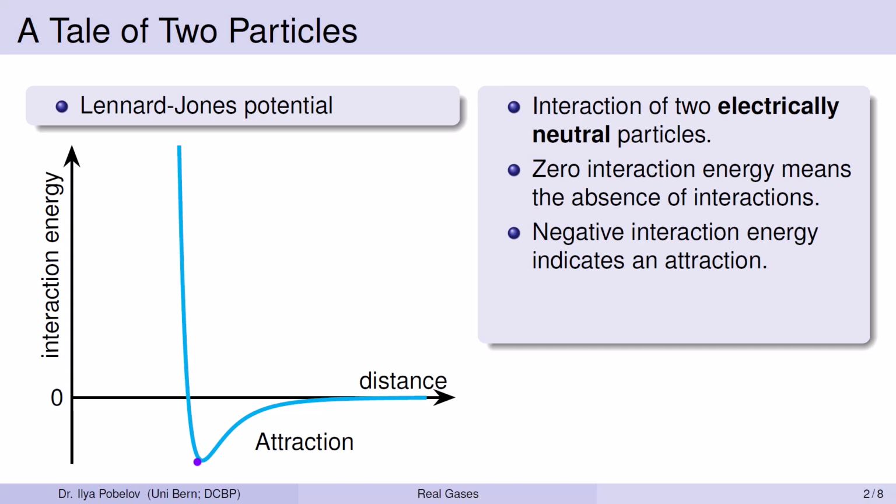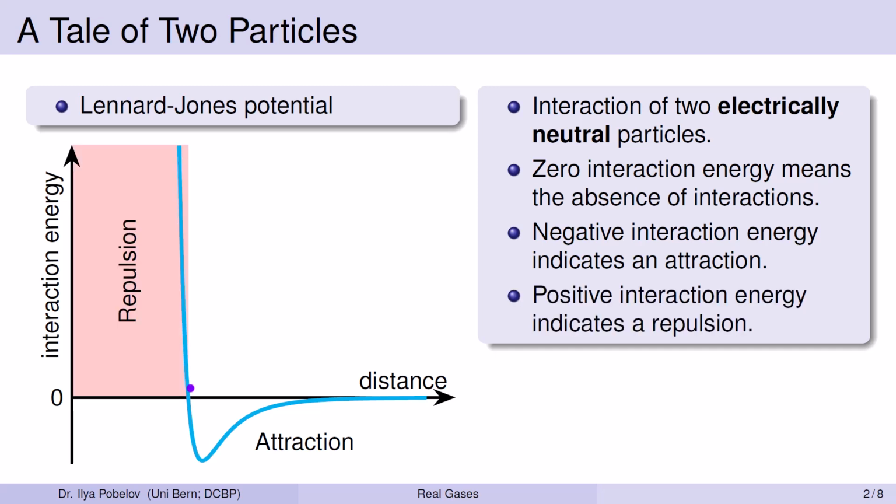A further decrease of the distance leads to the rise in energy. At first, the energy becomes less negative and the attraction becomes weaker. Then, the energy crosses the threshold of zero and becomes positive. Positive interaction energy means that now there is a repulsion between the particles, as the repulsion term overcomes the attraction.